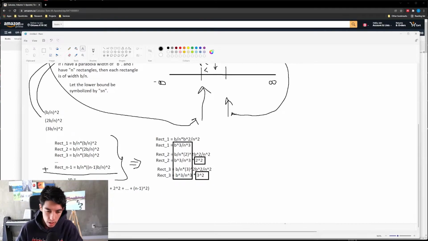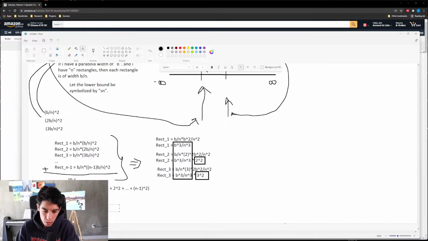So what we can say is that S of n, which is our upper bound, is the same formula, b over n cubed, and then 1 squared plus 2 squared, same thing.